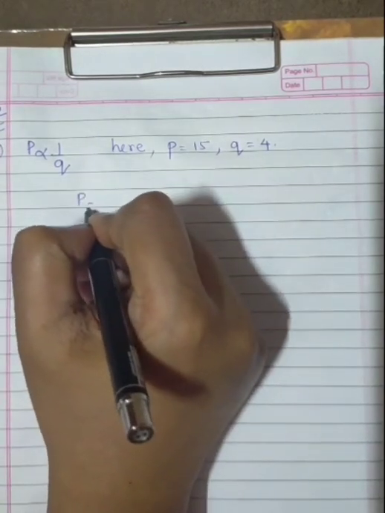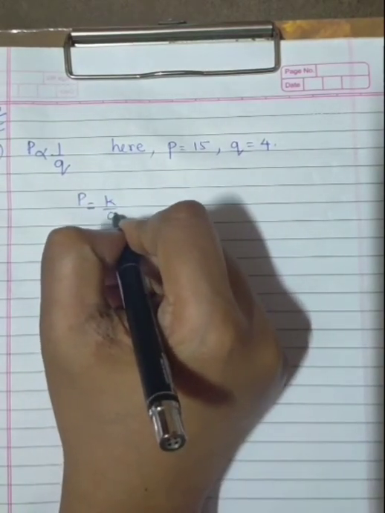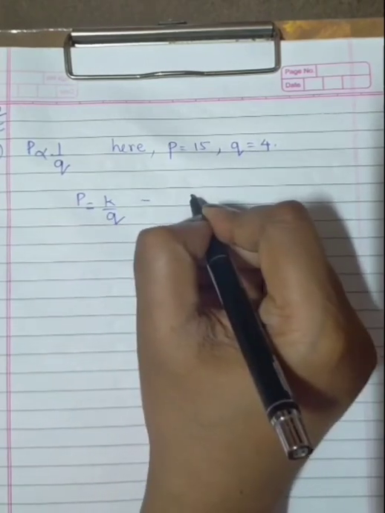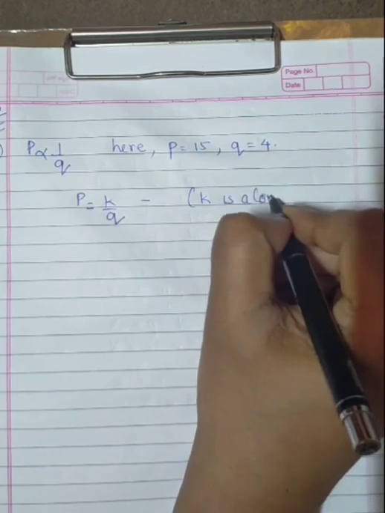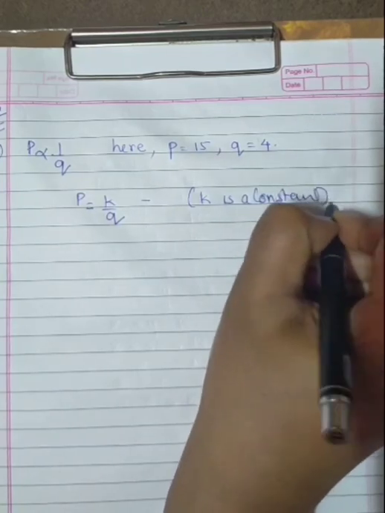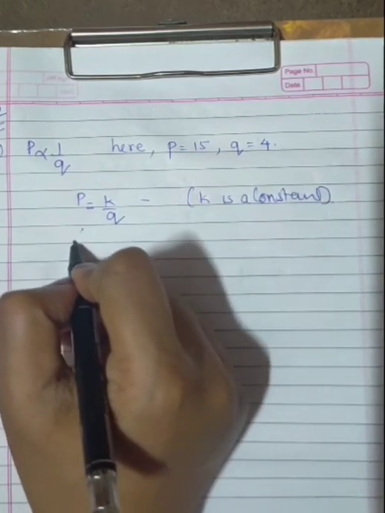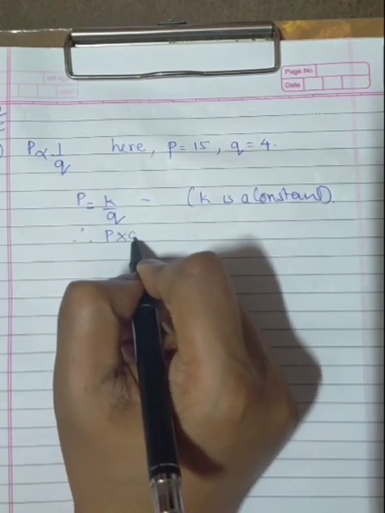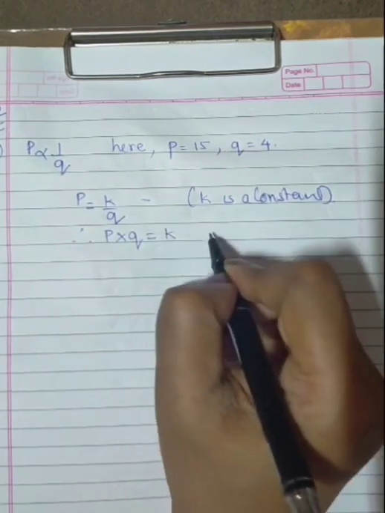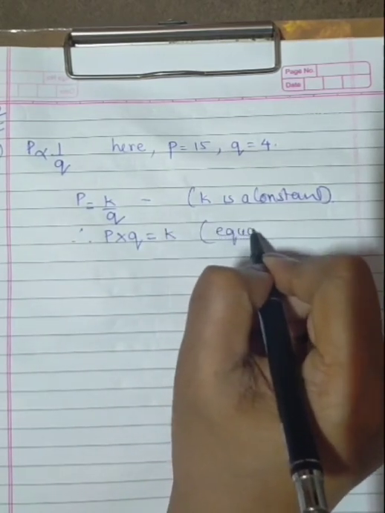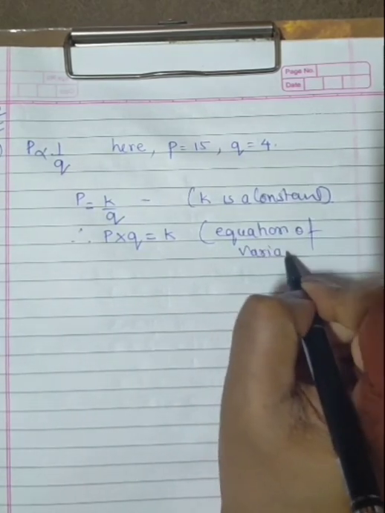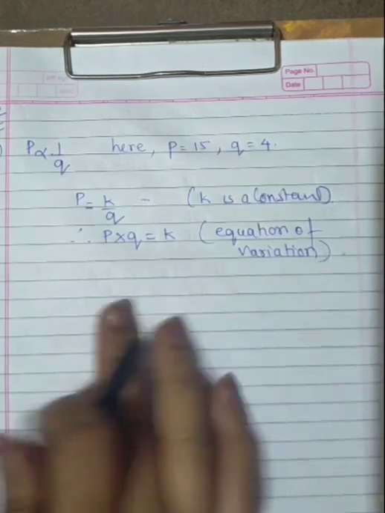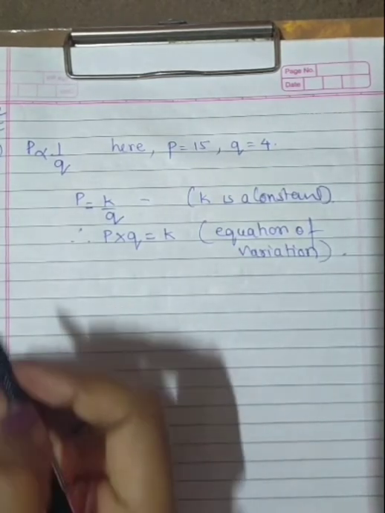So P is equal to K upon Q. Here K is constant. Now therefore P into Q equal to K is the equation of variation.